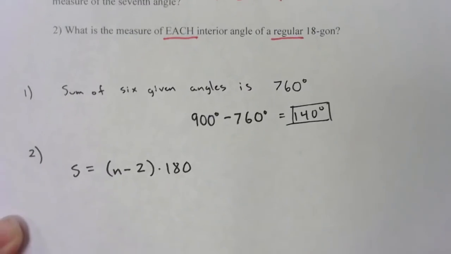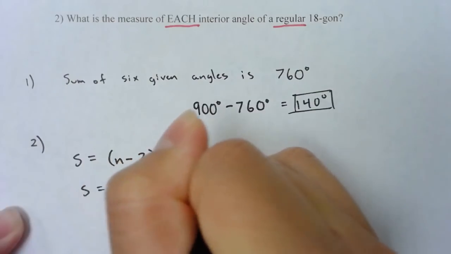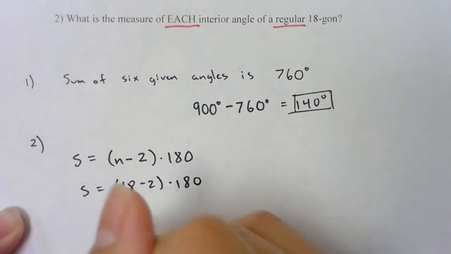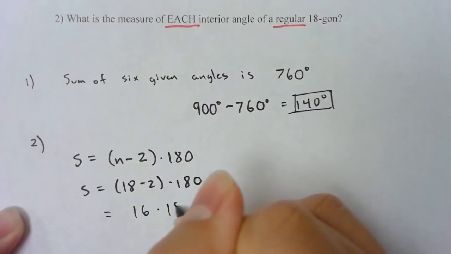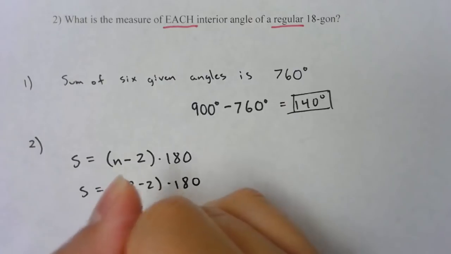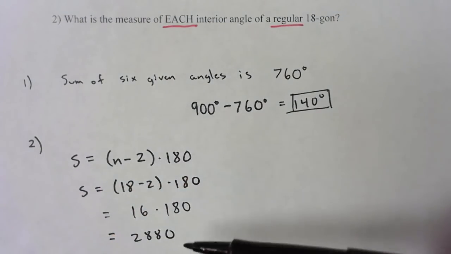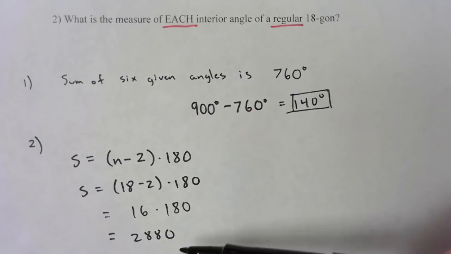So you plug in, I get S equals 18 minus 2 times 180. This is equal to 16 times 180, which is 2,880. A lot of students were able to give me this, but that's not the answer I'm looking for.